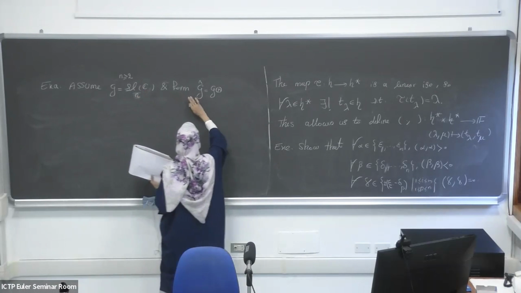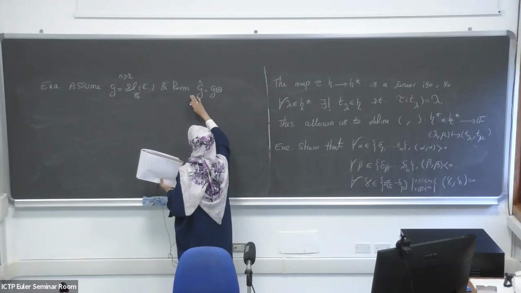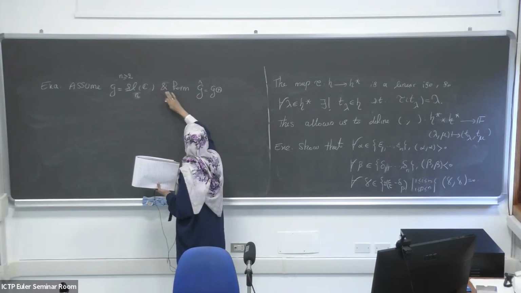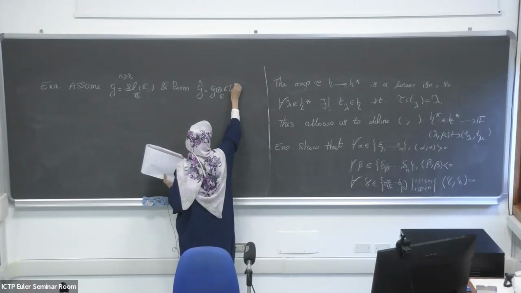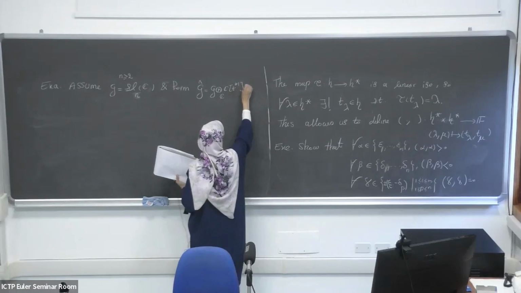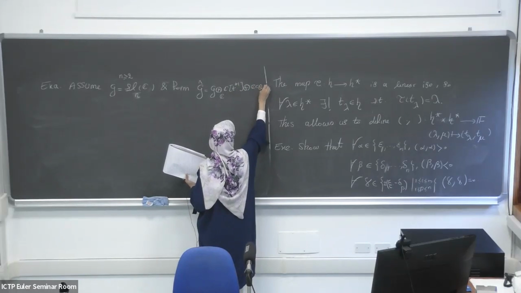Form, yeah, we assume G is this, and form this G hat, G tensor C plus minus 1, direct sum CC, direct sum CD.